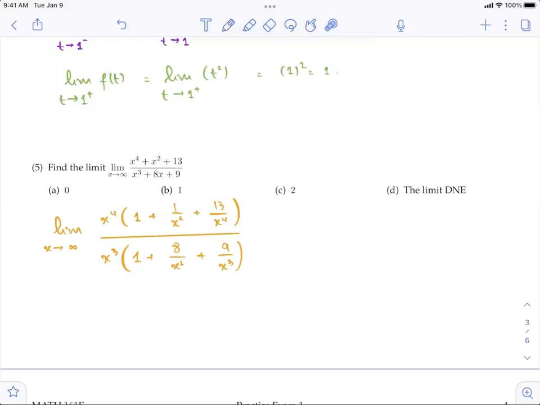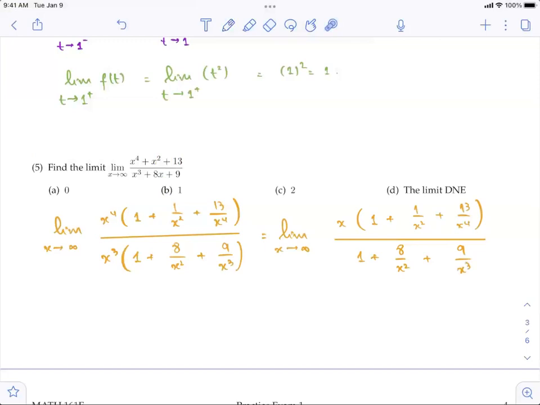Now you can see that you can simplify x to the 4th and x to the third power, and you're left with the limit as x approaches infinity of x times 1 plus 1 over x squared plus 13 over x to the fourth, divided by 1 plus 8 over x squared plus 9 over x cubed.